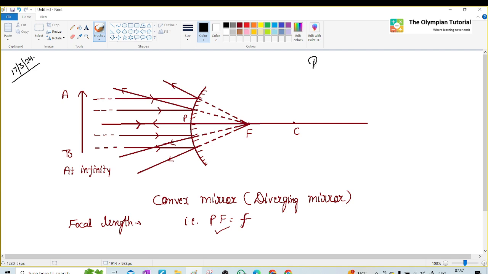Next heading is relationship between focal length and radius of curvature.